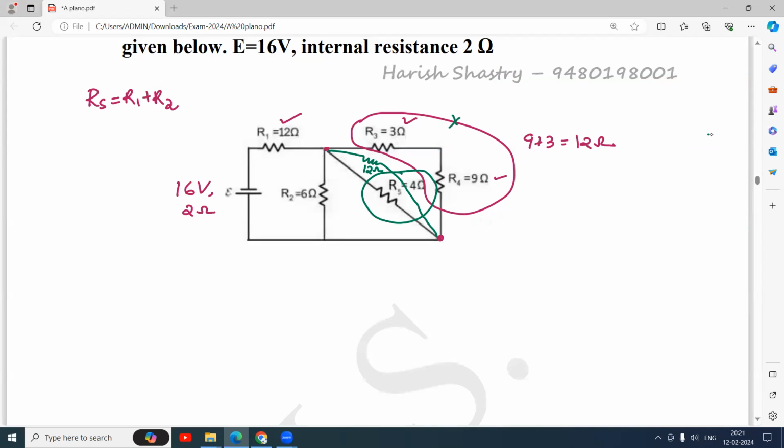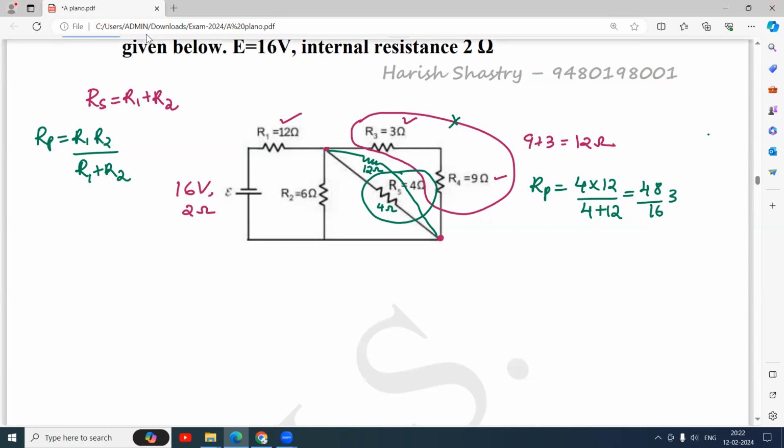So how do you find the parallel equivalent? Rp is equal to R1 R2 by R1 plus R2, or 1 by Rp is equal to 1 by R1 plus 1 by R2. I will apply this directly. Rp is equal to R1 R2, so this 4 ohm and this 12 ohm: 4 into 12 divided by 4 plus 12. That makes 48 by 16, it's 3 ohm.